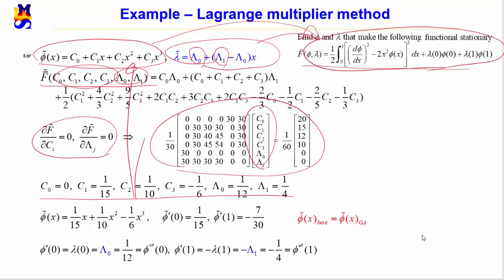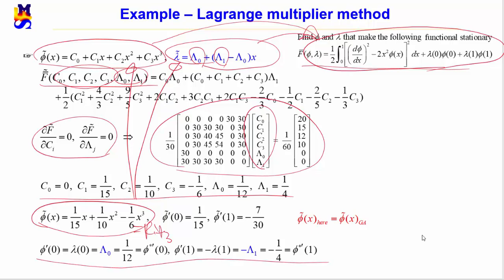Plugging these solutions into the trial functions, we obtain this approximate solution of the unknown function phi(x), which is identical to Ritz or Galerkin approximation. From lambda values defined at the boundaries, which have mathematically a relation with physical meaning of slope, we can obtain the slopes at the boundaries, which are exact, as explained here.